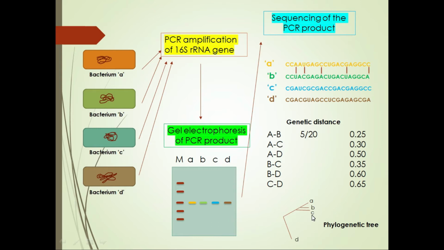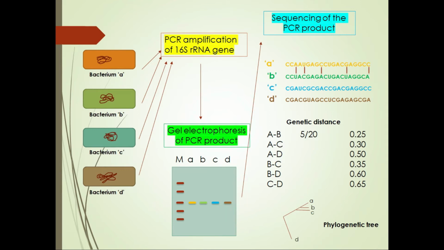This is just one rough and crude example. In real practical examples, there may be various kinds of relationships we would see. When many bacteria are taken together in an experiment, then we will find new things about their relationships. So this phylogenetic tree reveals the evolutionary relationship between A and D, B and C, A and C, and so on.